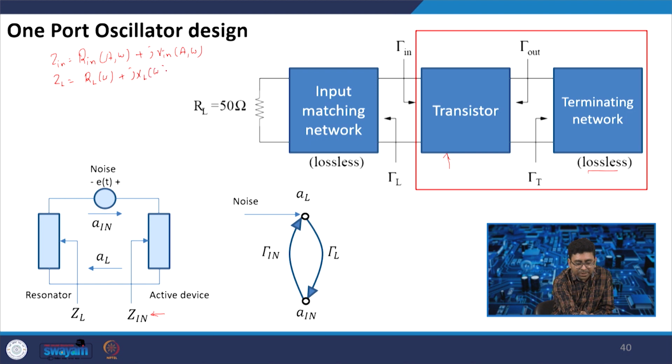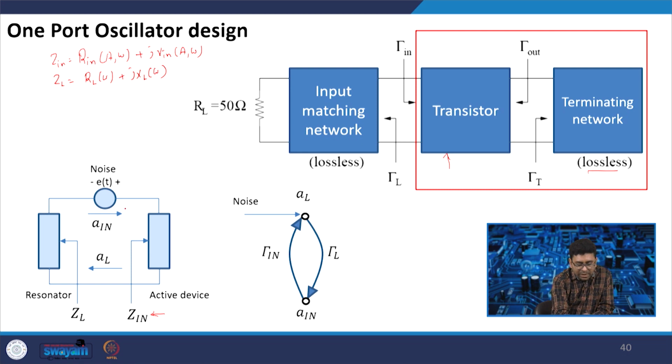j X L (omega). Here this impedance is only a function of frequency, because we are going to design the input matching network or any matching network either by using RLC circuits or by using some microstrip resonators or microstrip circuits. Any Z L that we design is going to become a function of omega.